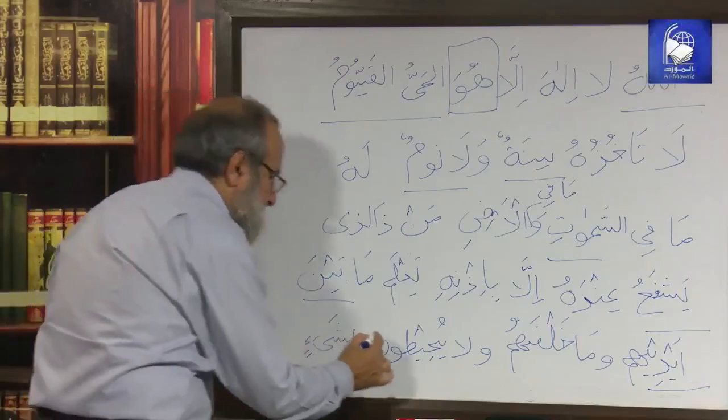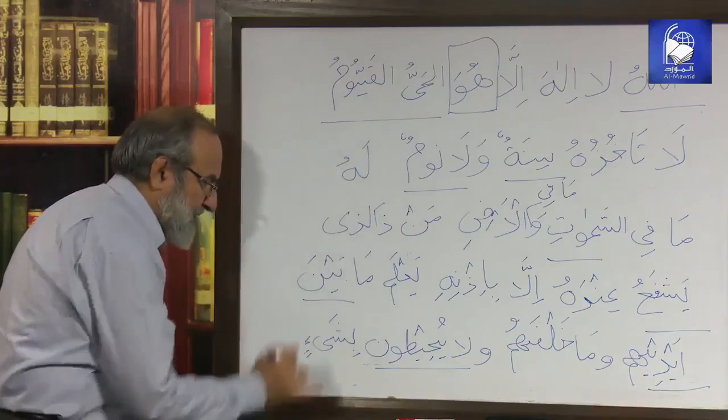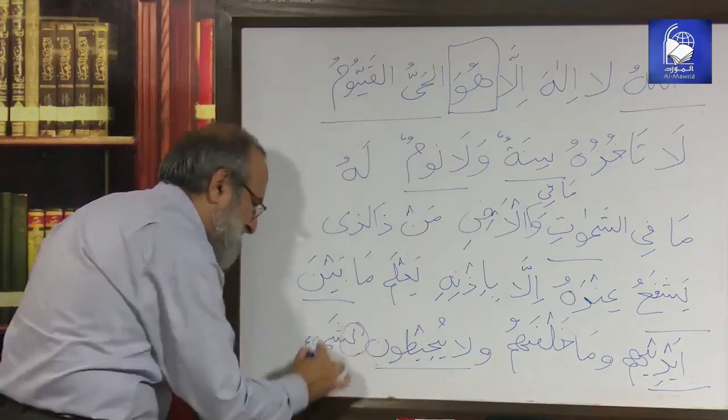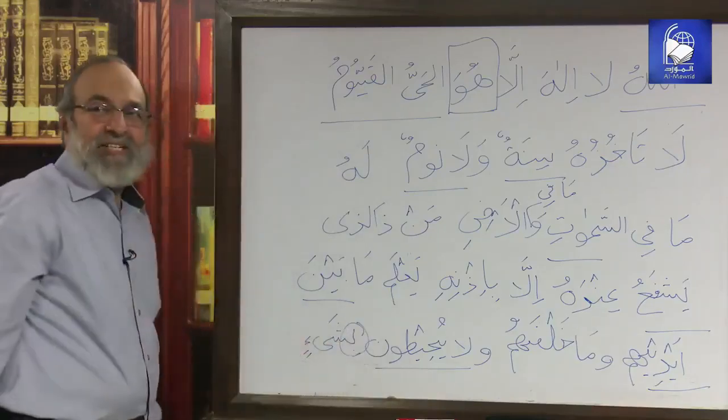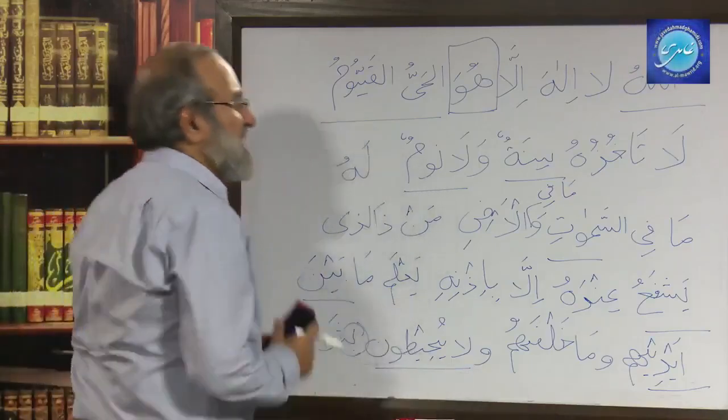Now this yuhituna is a noun or is a verb. We can't do anything about it. We don't know much about it. But bishay'in, bi has given shay jar. Wa la yuhituna bishay'in. It's a jar because of bi.